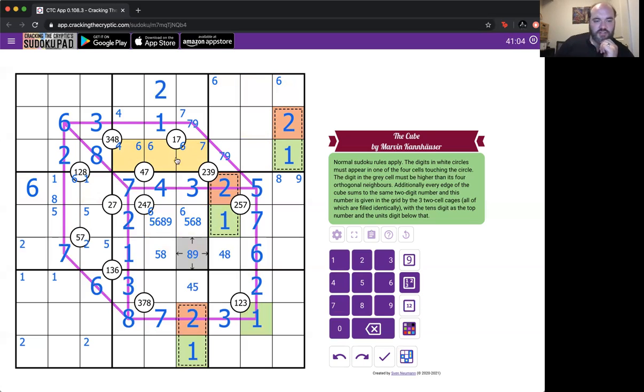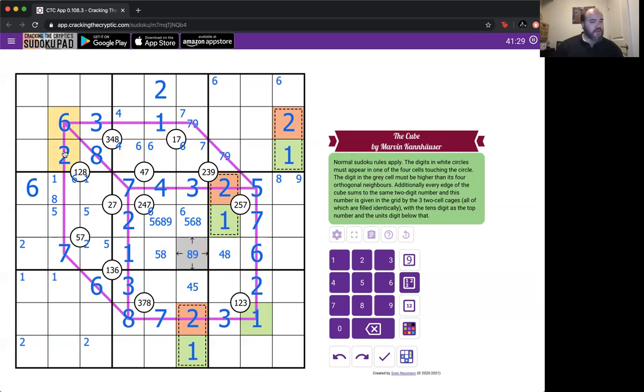Even though a 6 isn't mentioned in any of these numbers, most of them are already filled in. We've got 4, 7 here. I've got the 2, 3, most likely 9 here. I've got the 3, 8, and one of these two is a 4, and 1 and 7 here. So one of these ones is a 6. It's not yet spoken for. Similar to the 9s, and I'm going to check in on the 9s in a bit.